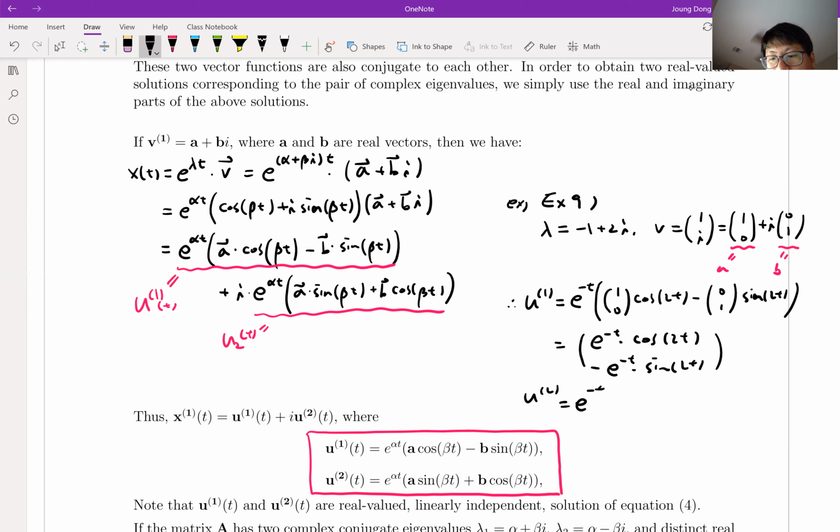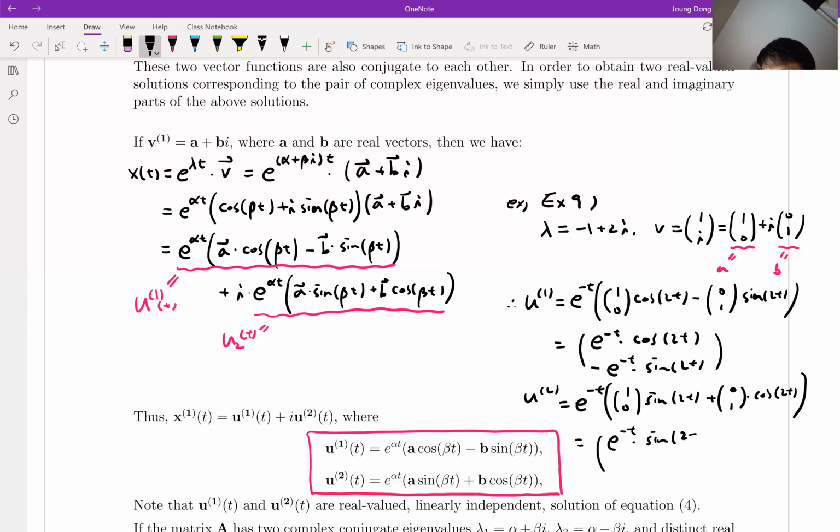It is e to the minus t times a sine 2t plus b cosine 2t, so it is equal to e to the minus t sine 2t and e to the minus t cosine 2t, right? Now you can compare with the answer of example 9, and it's exactly the same thing.